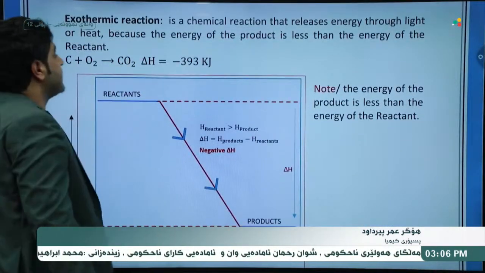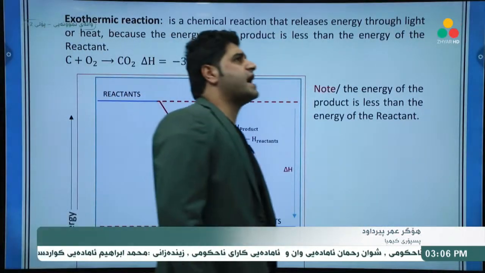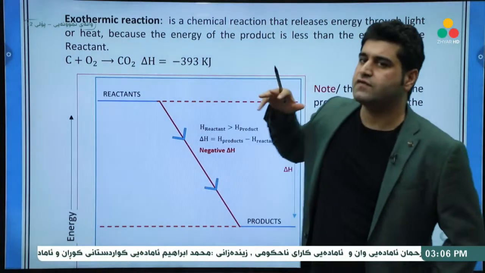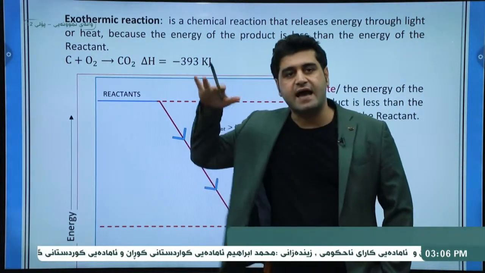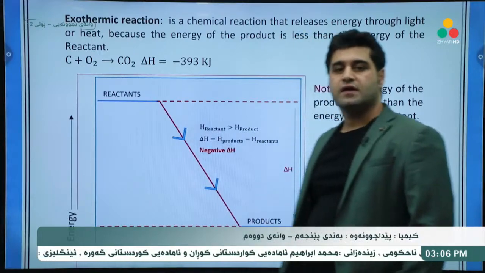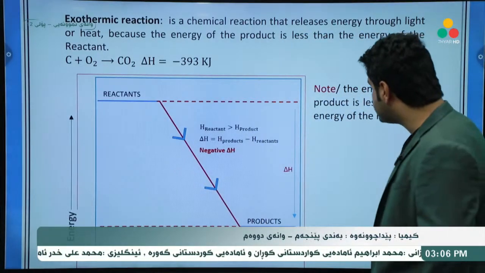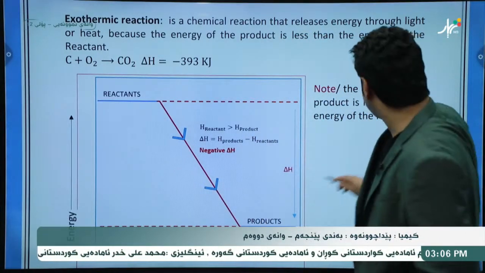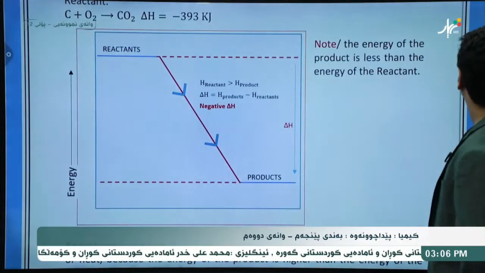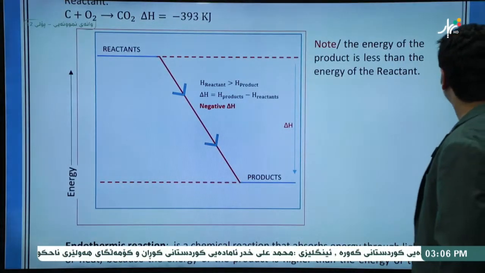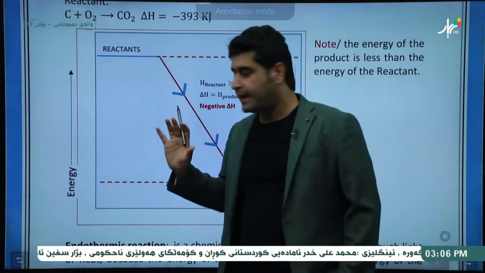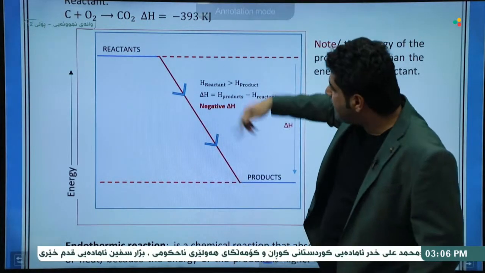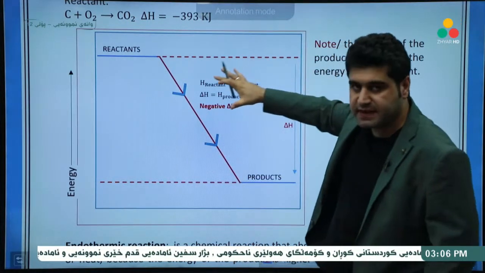In an exothermic reaction, the level of the energy for the reactants is higher than the level of the energy for the products. So it's an exothermic reaction. Well, it's critical to identify the parts of this picture.